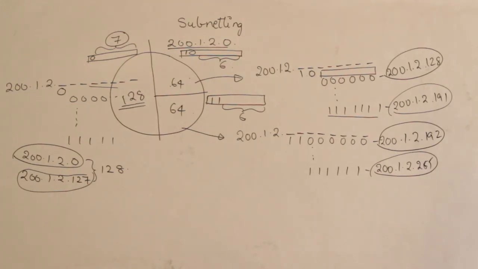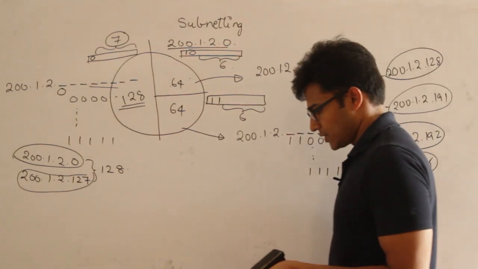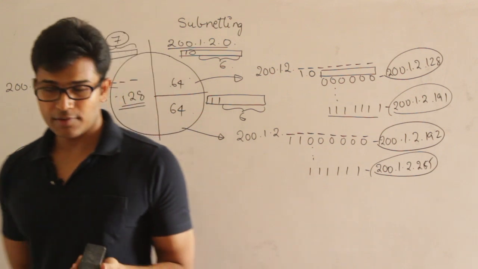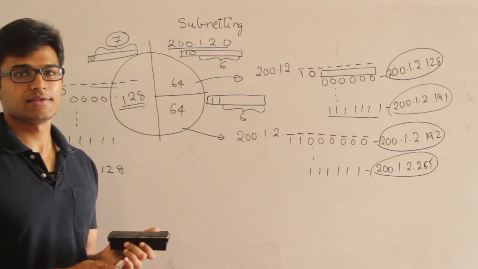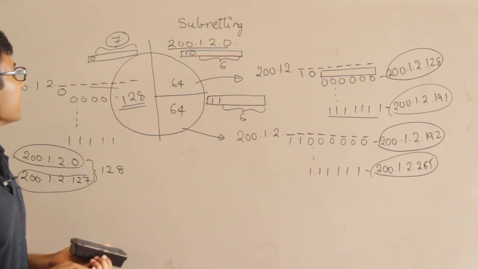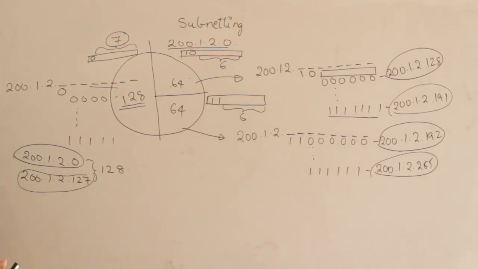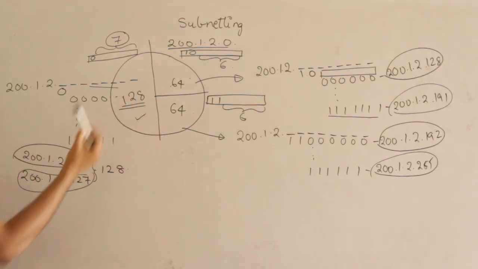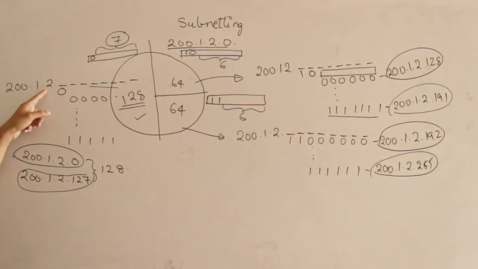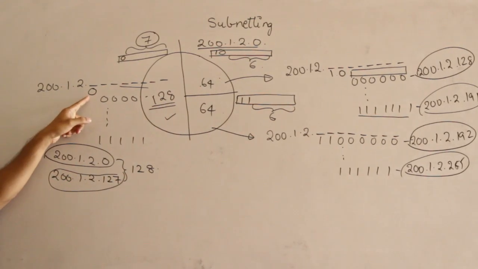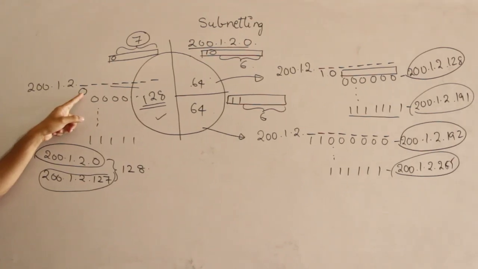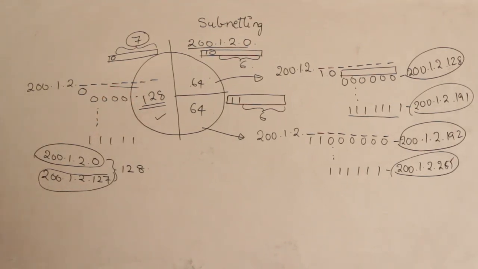And before going to that, let us see about the subnet mask also. So what about the subnet mask? Subnet mask contains all ones in the network ID part and subnet ID part. So coming to this network, already we have 24 bits in the network ID part, then 1 bit in the subnet ID part, and 7 bits in the host ID part, right?